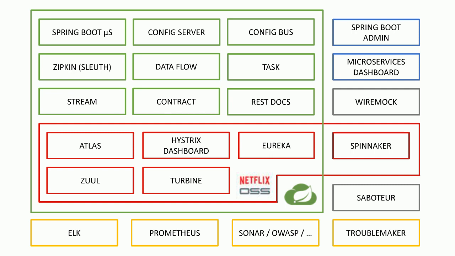Some virtualization services like WireMock and Saboteur. Then we'll be talking about chaos, which will be very interesting, at least it really is to me, in terms of Troublemaker, and then some logging and metrics, the ELK stack, Prometheus, and maybe some quality gate like Sonar, and some checks like OWASP and dependency checks and all that kind of stuff. Okay, that's what we're going to be talking about today.